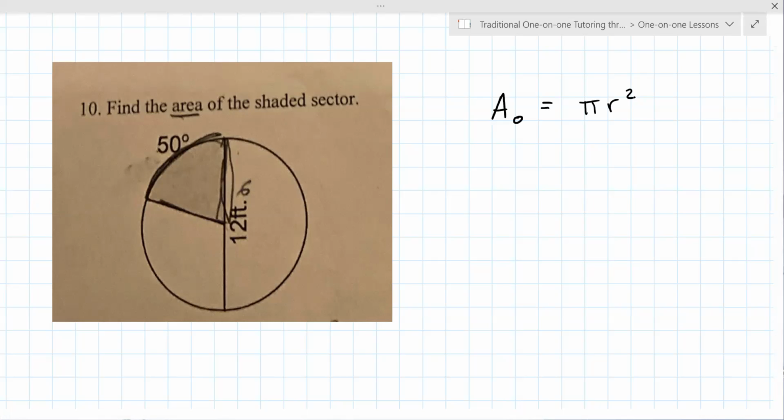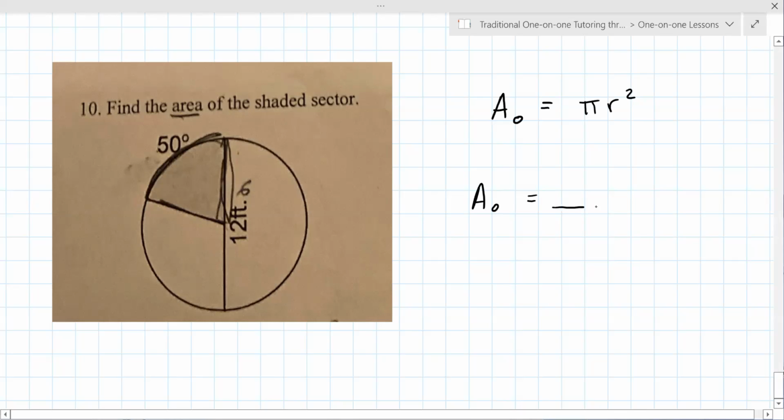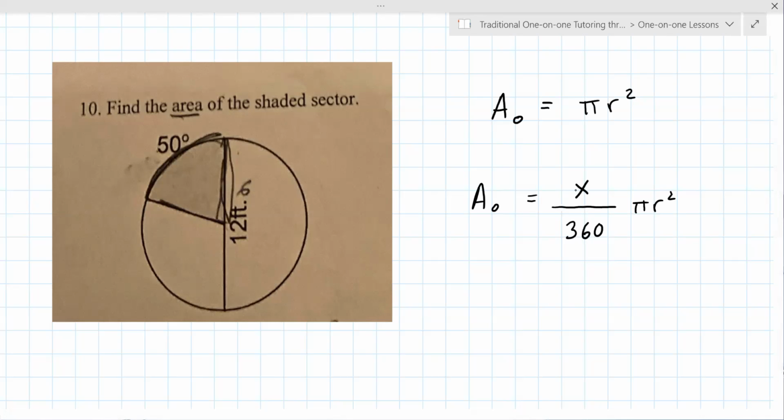Now I'm gonna give you another formula here. This is also the area of a circle, but it includes this 360.